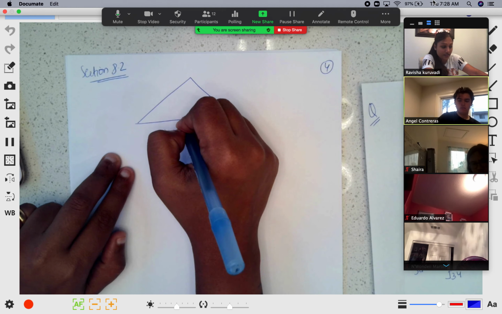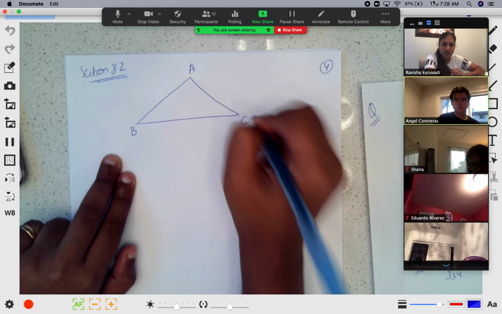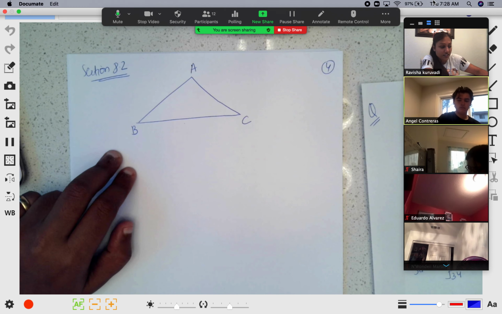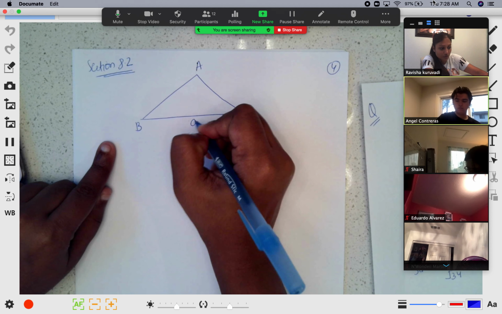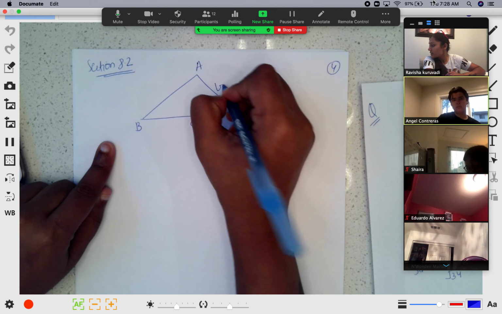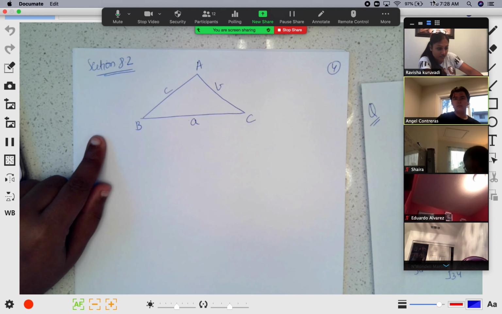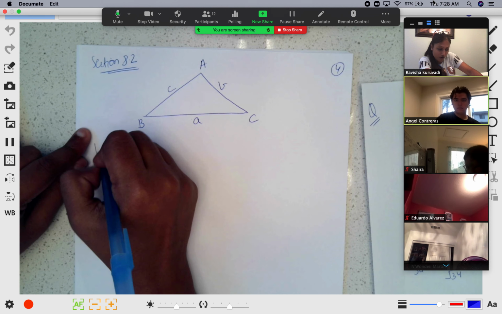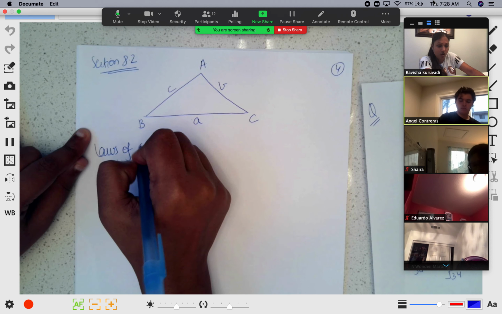Okay, they're calling this A, they're calling this B, and this C. Note, the opposite side to A will be small a, opposite to B will be small b, opposite to this will be small c. Then there is a theorem known as the law of sines.